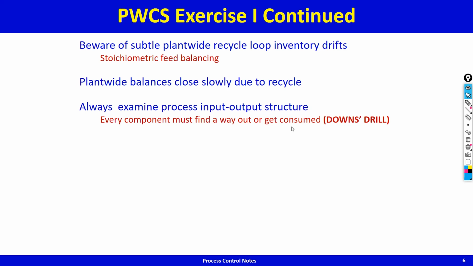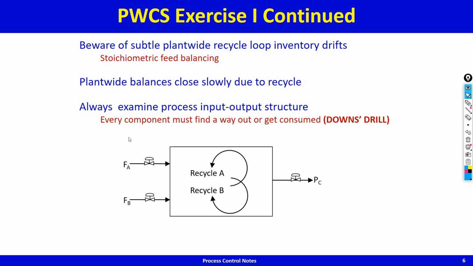Also note that plant-wide balances close slowly due to recycle, and in order to be aware that all balances are being closed and there are no subtle drifting modes like the one we have in this simple process, it is always a good idea to examine the process input-output structure and ensure that every component that is being put in either has a way out or gets consumed by reaction. This is called Downs drill. The person who proposed it was Jim Downs.